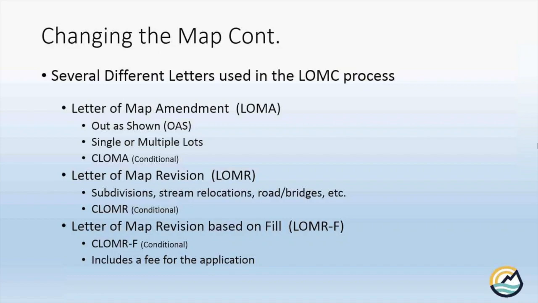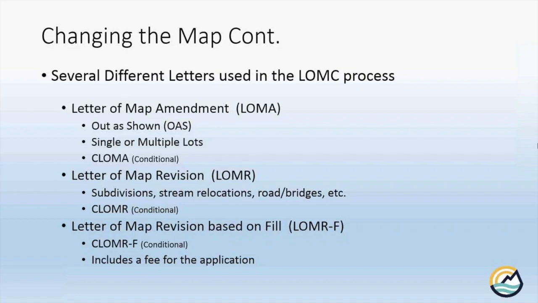They tend to be properties that are very clearly out, or single or multiple lots, individual structures. The LOMRs, though, tend to be bigger projects. These tend to be subdivisions, commercial developments, stream relocations, roads and bridges, things like that, where it's a much bigger change. There's some engineering and analysis that have gone into it.